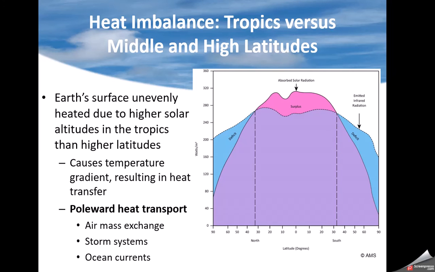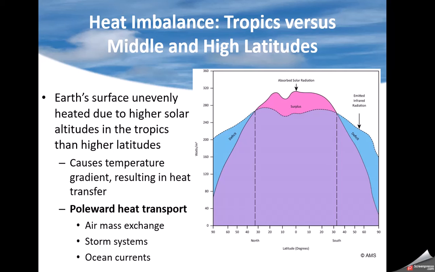Here's another one. The solar radiation, we talked about it. There's a surplus compared to the actual temperatures that are occurring down around the equator to just the two tropics, Capricorn and Cancer. There's a surplus of solar energy coming in while there's a deficit further up towards the poles.